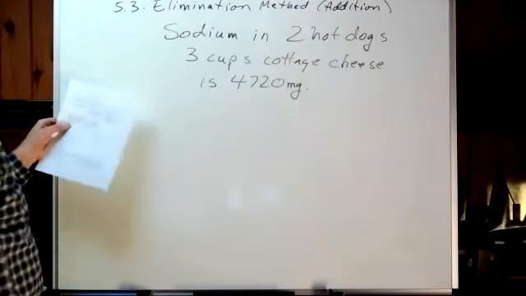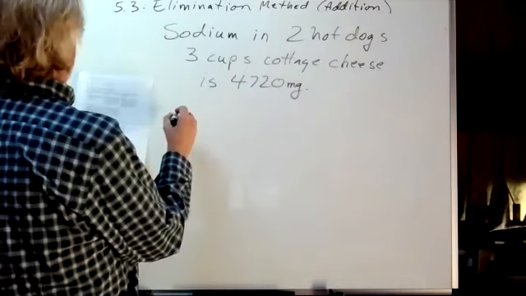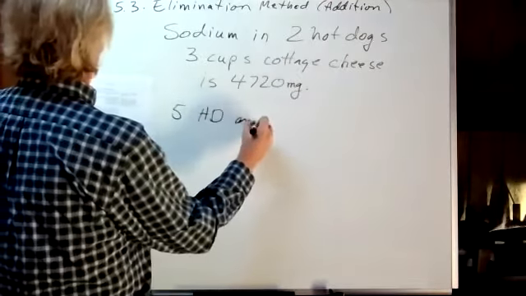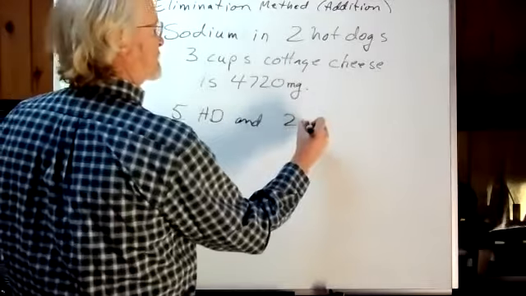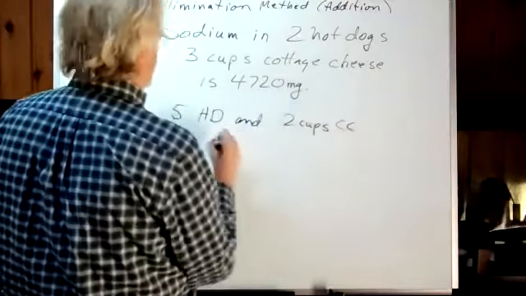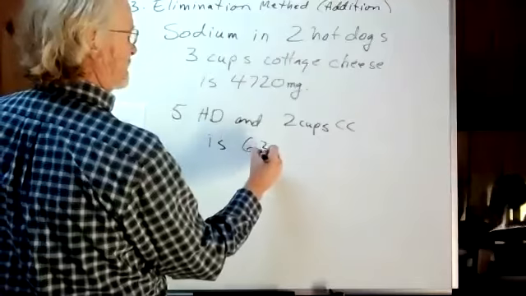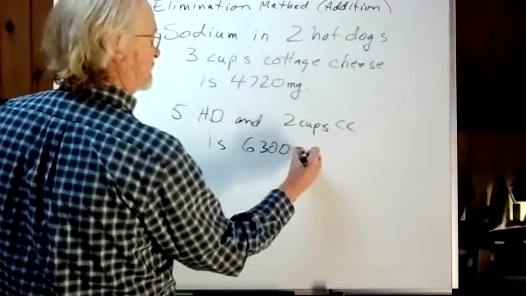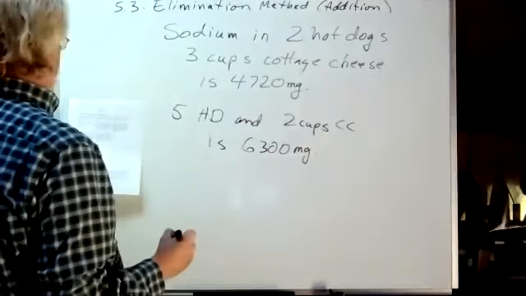Okay. And let's see. 5 hot dogs and 2 cups of cottage cheese is 6,300 milligrams of sodium.